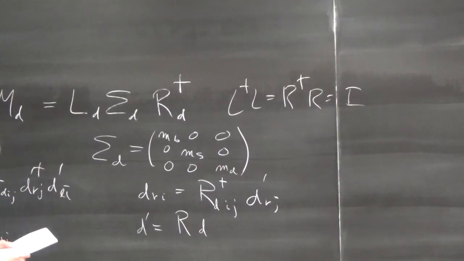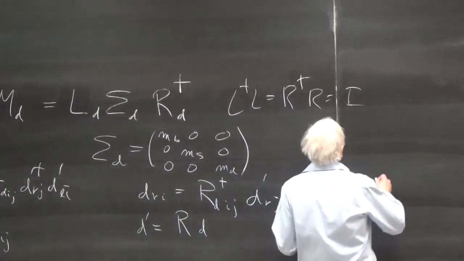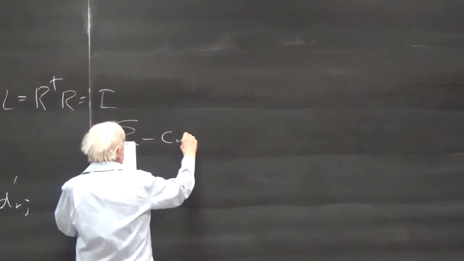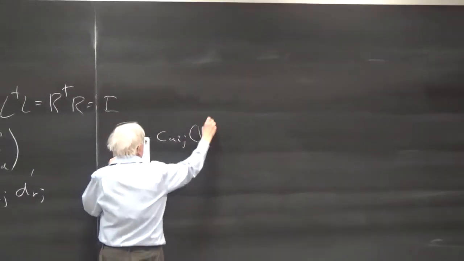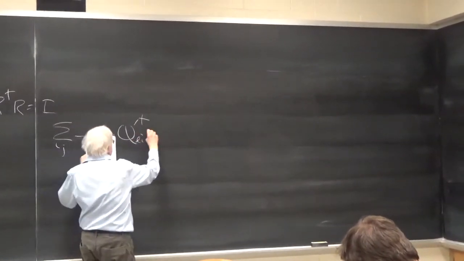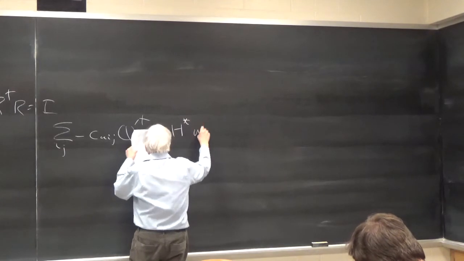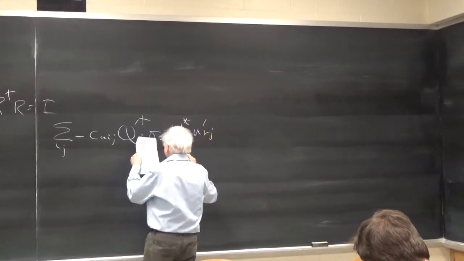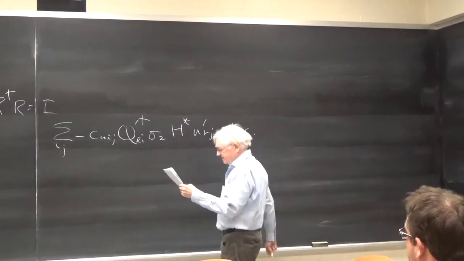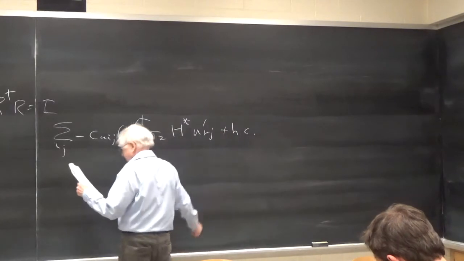So a similar thing happens for the up quarks. There what we have is the sum over i and j, minus C U ij, Q prime dagger left i sigma 2 H complex conjugate U prime right j, plus Hermitian conjugate.